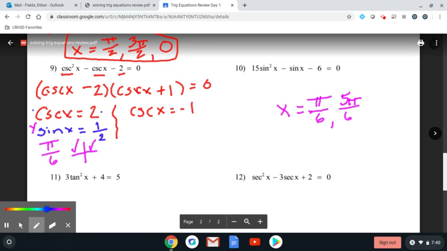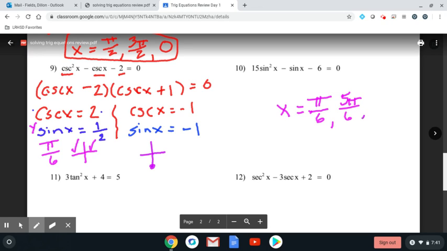Same thing on the right side. That cosecant x, I'm going to rewrite instead as sine. But if I'm flipping the left side, that means I have to flip the right side. Now, when we flip -1, flipping -1 just gives us -1. So when we think about where y is -1, y is -1 at only one value, and it's at that negative y axis.